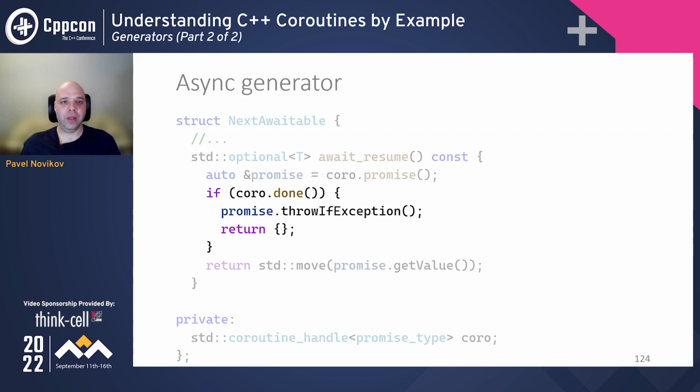We throw exception if we had one, and return empty optional. Otherwise, if the coroutine is not yet done, we return the value that was stored inside our promise by moving it into the returning optional.